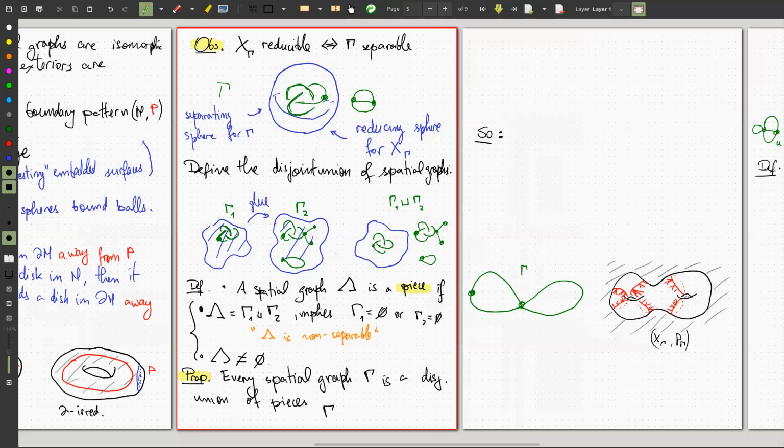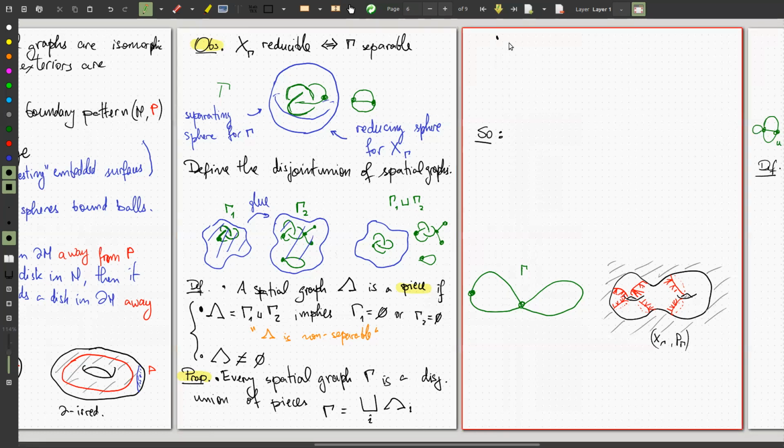And so we write gamma is a disjoint union over a finite set of some lambda i. So this is the first part of the proposition. And the second part is that this decomposition is unique or canonical.